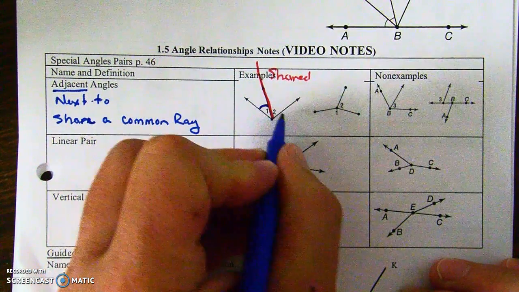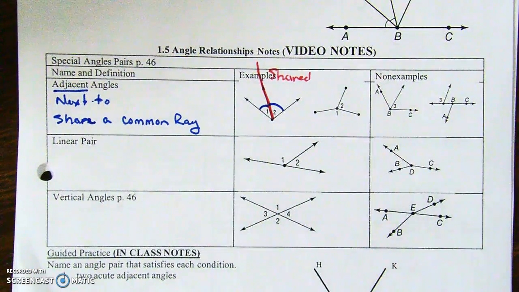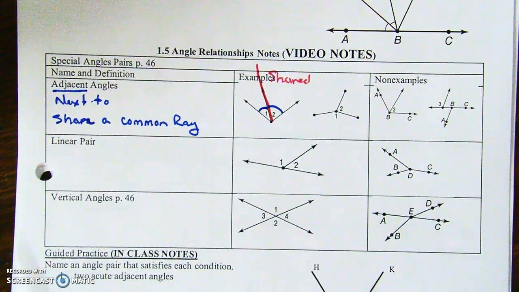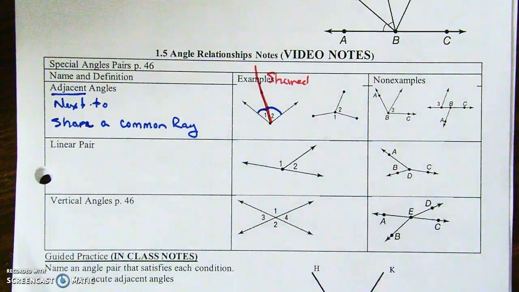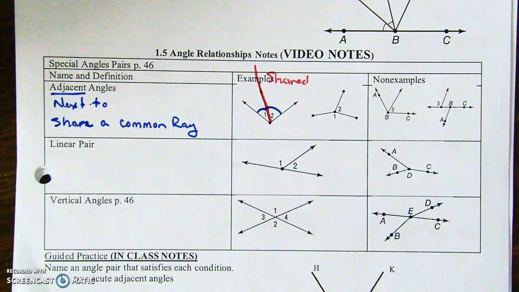So we're talking about this angle and that angle, okay? There are three rays: one of their own on each side, and the one down the middle that's shared, that's common, so these two angles are next to each other.